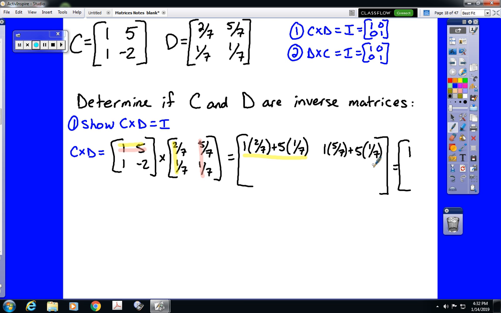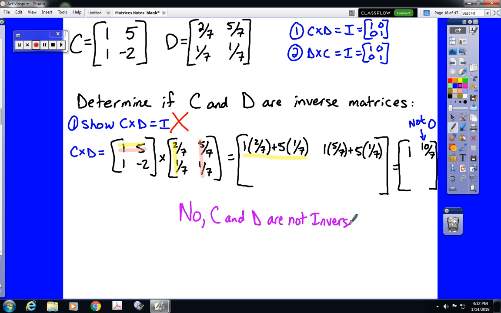Well, that has to equal 0, but that's 5 sevenths plus 5 sevenths, which would be 10 sevenths. So right there we can stop. Okay, the second that this is not a 0, we are done with this problem. Because right there we have had a problem. C times D does not equal I, which means no. C and D are not inverse matrices.